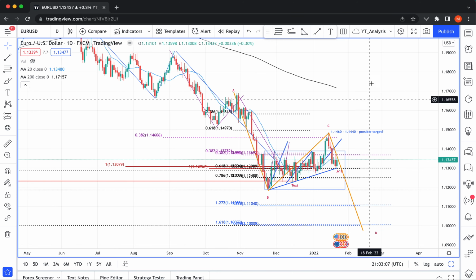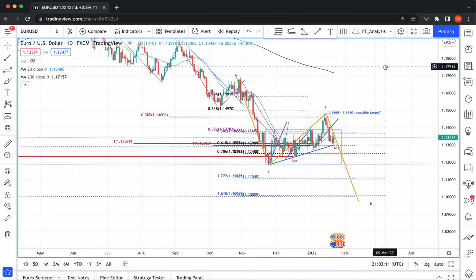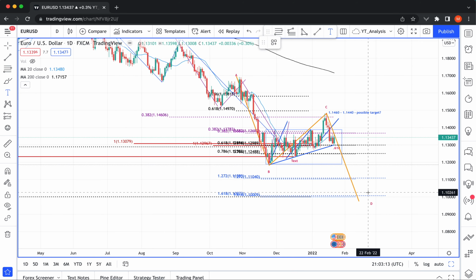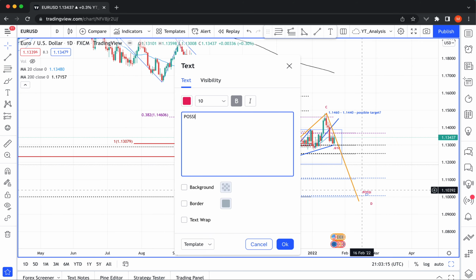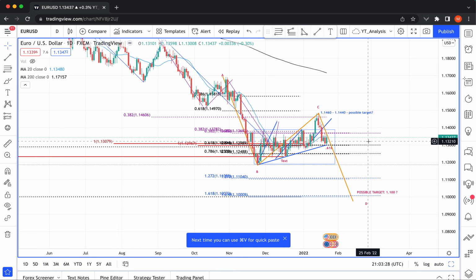So most likely the price target is around this region. So possible target, let's just say around here. So this is what we are looking at.